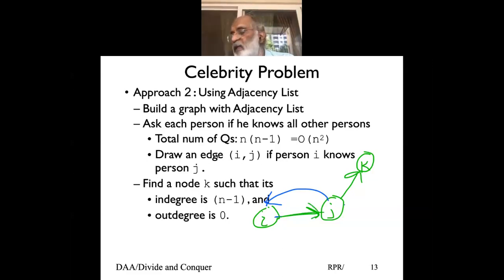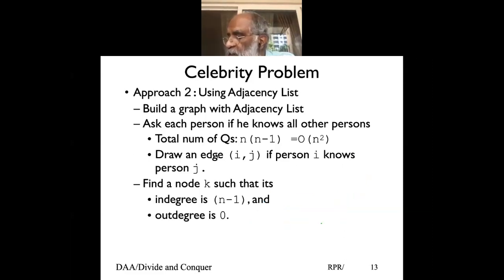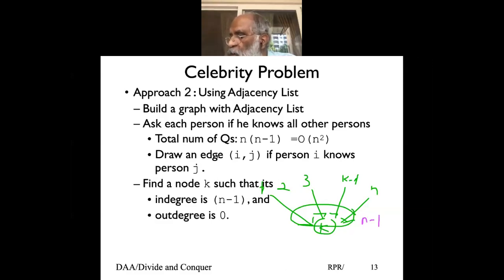And when we build such a graph, how do you know who the celebrity is? If we have some node K whose in-degree is n minus 1, that means it has an edge from each of the nodes 1, 2, 3, up to K minus 1, K plus 1, and so on, and its outgoing edges are 0.